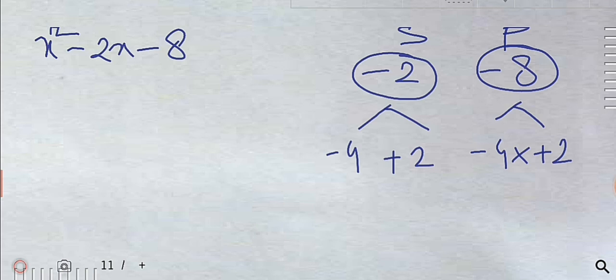Okay, so this can be written as x square minus 4x plus 2x minus 8.